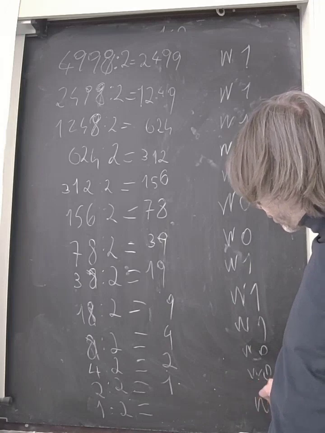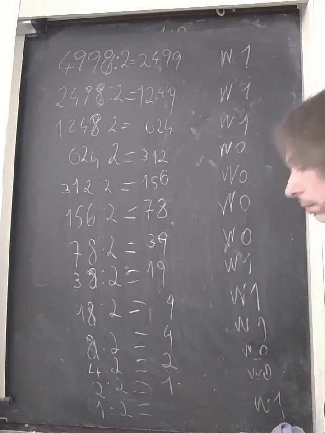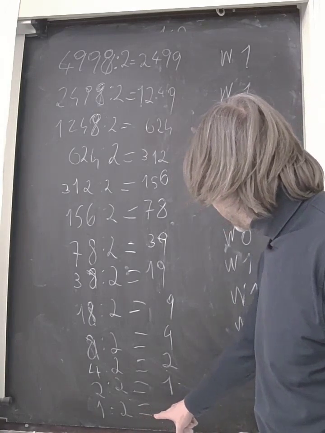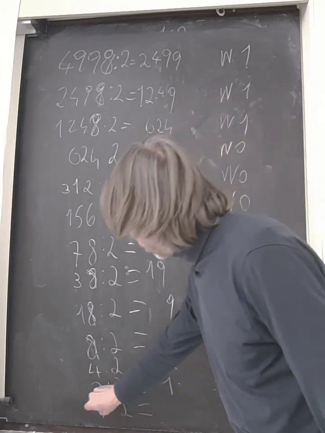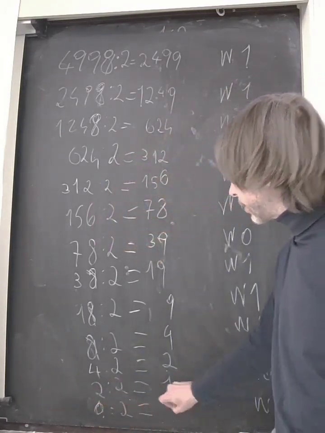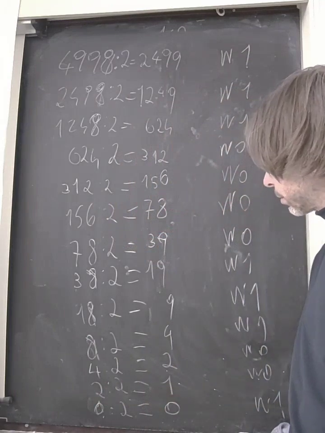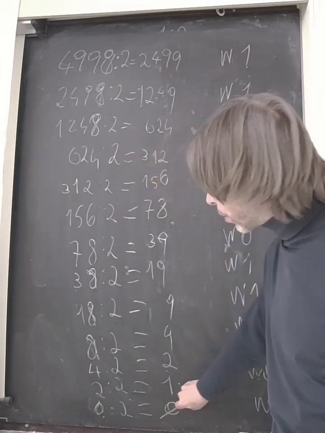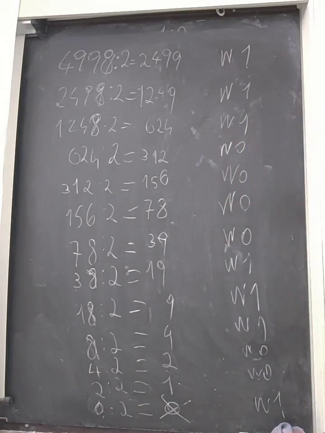The waste is 1, and I lower it and it becomes 0. 0 divided by 2 is 0. I don't have any more to spread, so I finish.